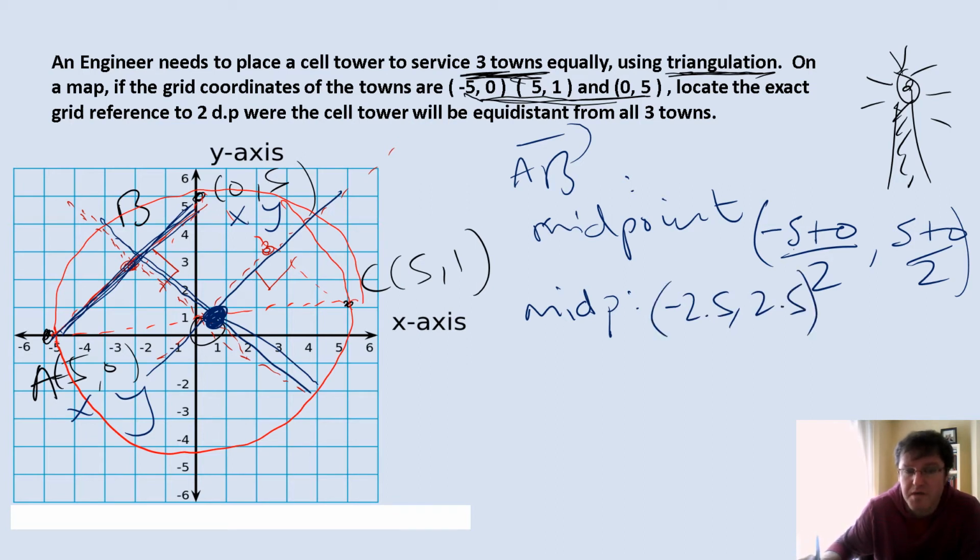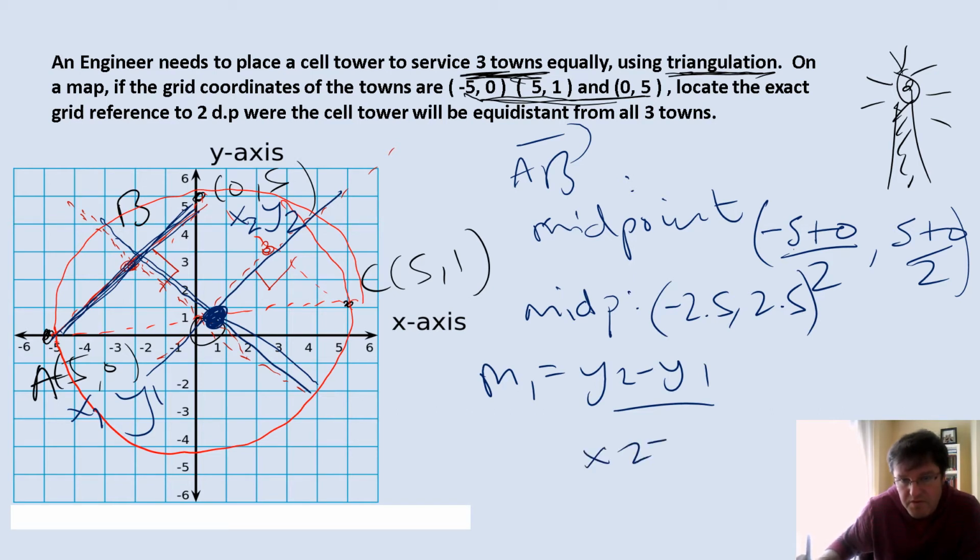Okay, I'm also going to need the slope of AB so that I can find the slope of the perpendicular. So the slope of AB is just the difference in the y values. Remember that the point on the right is x2, y2, and the point on the left is x1, y1.